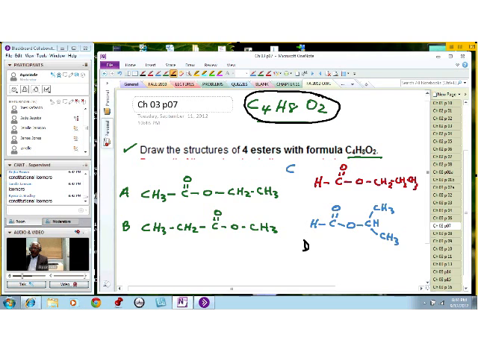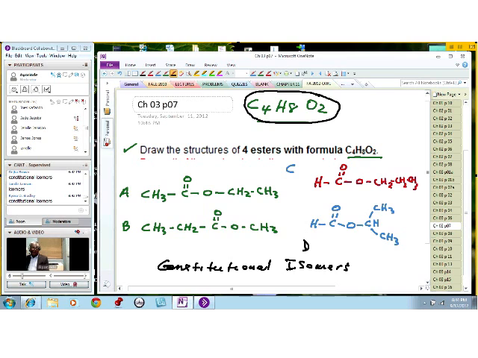And all of these structures, the relationship between them, they are all constitutional isomers.